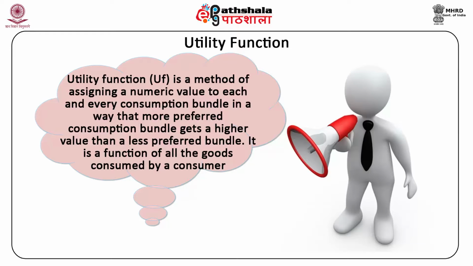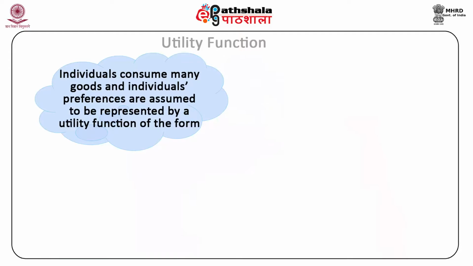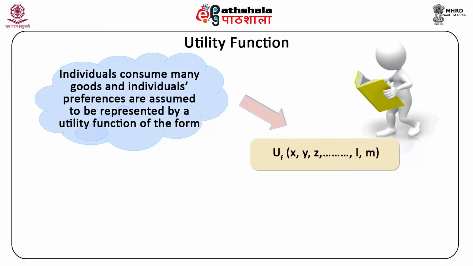If there are two goods X and Y, then the utility function would be UF equal to UF of X, Y. In general, individuals consume many goods and individuals' preferences are assumed to be represented by a utility function of the form UF, a function of X, Y, Z, etc., till Lm, where X, Y, Z, Lm are the quantities of each of n goods that might be consumed in a period.